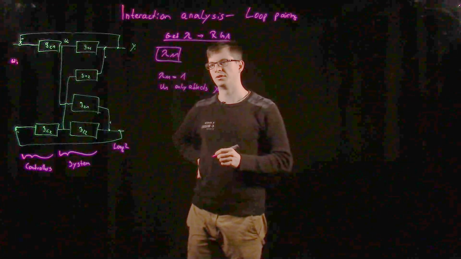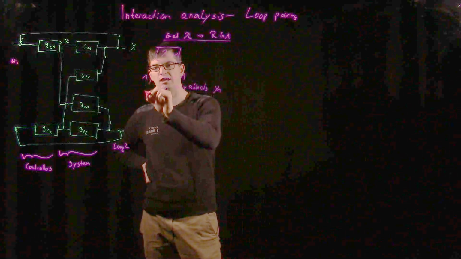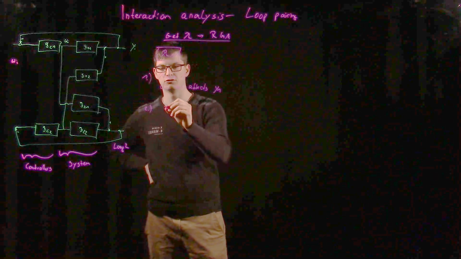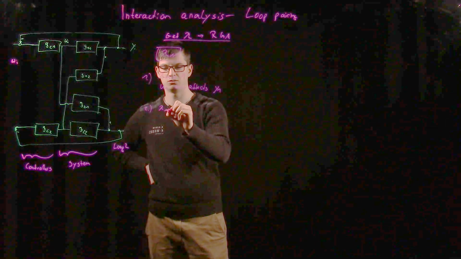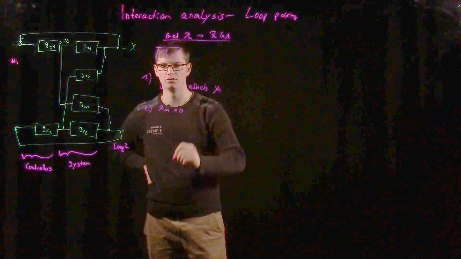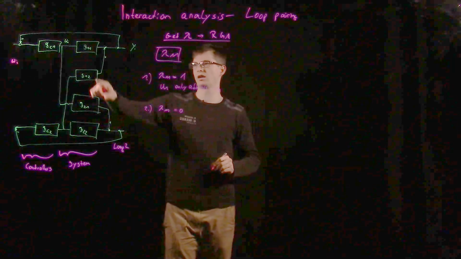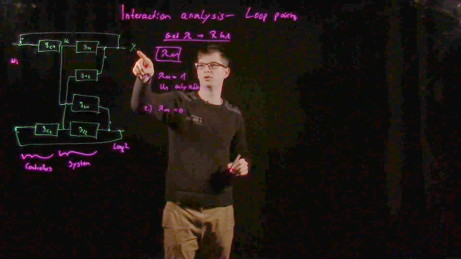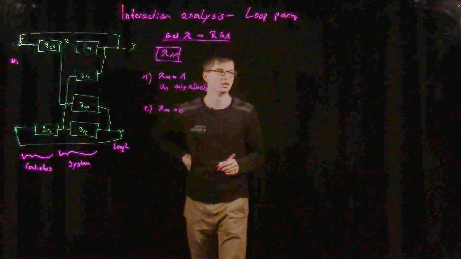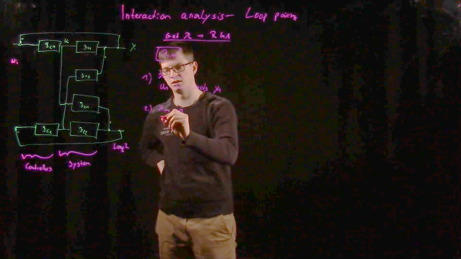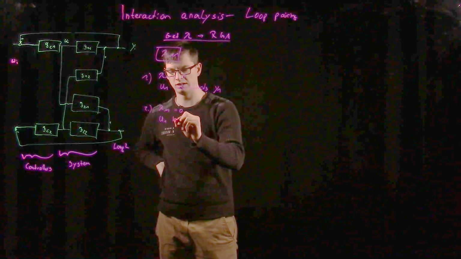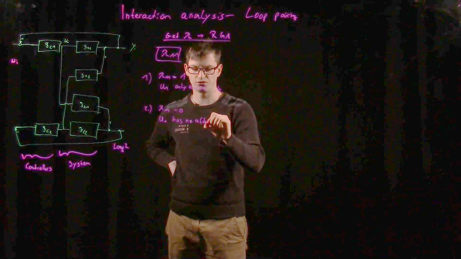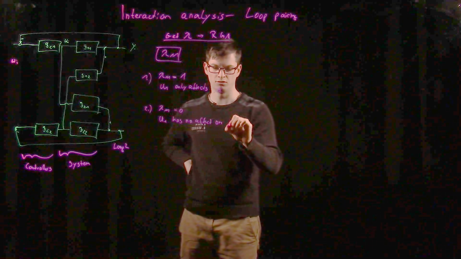That's good news. Another thing that can happen is, what is when it's completely zero? Lambda 1,1 equals 0. That means that the transfer function G11 has no influence on Y1. This does mean U1 has no effect on Y1.